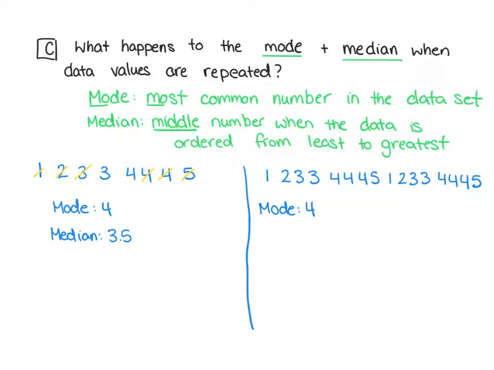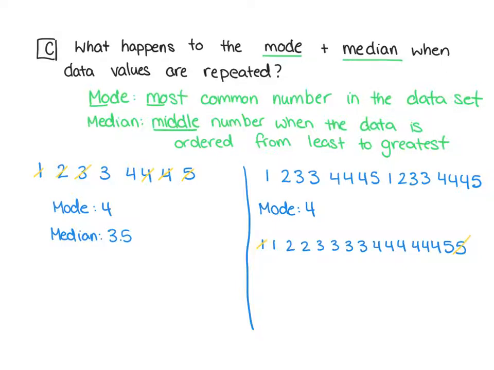To find the median, I need to rearrange all of these numbers so that they go in order from smallest to largest. So 1, 1, 2, 2, 3, 3, 3, 3, 4, 4, 4, 4, 4, 4, 5, 5. That should have all of my numbers taken care of. Then I'm going to see which number's in the middle.